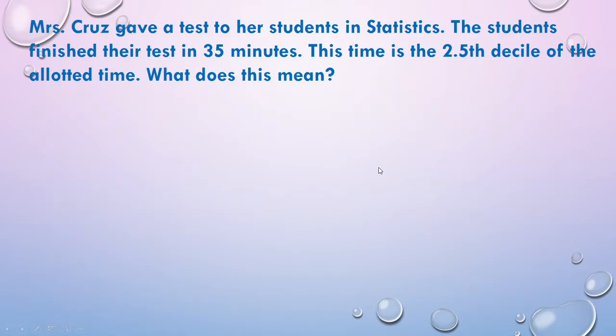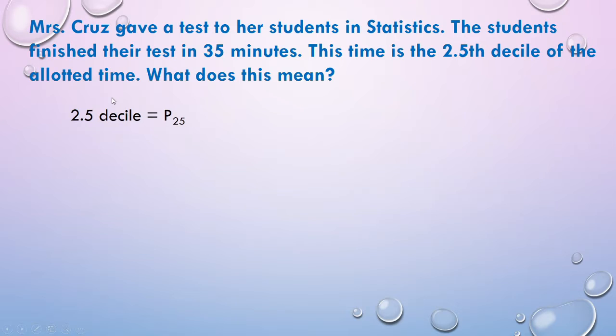So I have my own example. So, try natin to. Mrs. Cruz gave a test to her students in statistics. The students finished their test in 35 minutes. This time is the 2.5 decile of the allotted time. What does it mean? So, ito involved ay decile. So, i-convert natin ang 2.5 decile sa percentile.